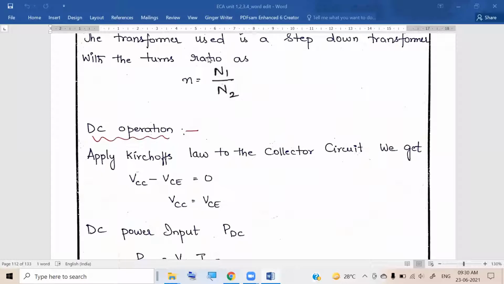Yes, anybody ready with the answer? Yes, students, what is the answer? First of all, in our characteristics, what is the x-axis? You tell me. VCE.